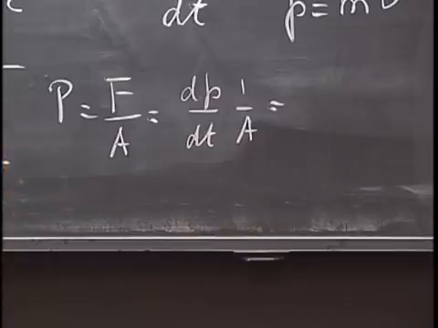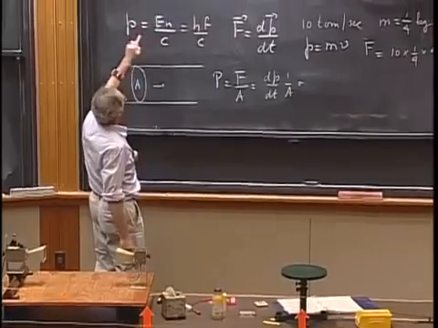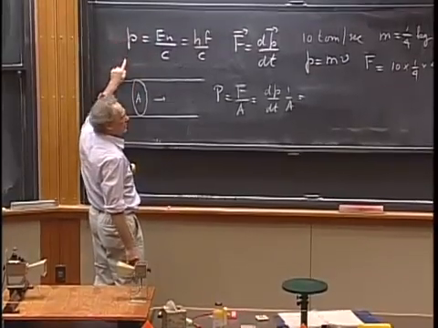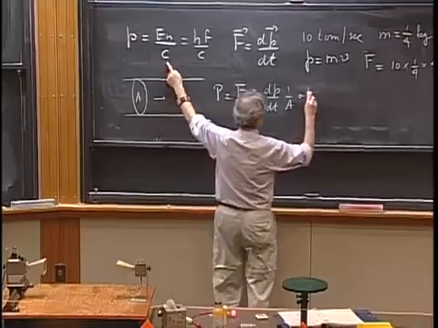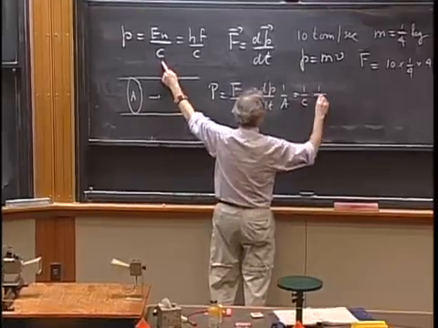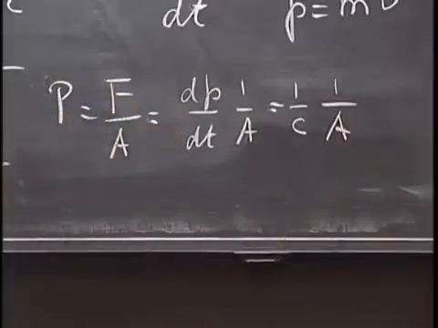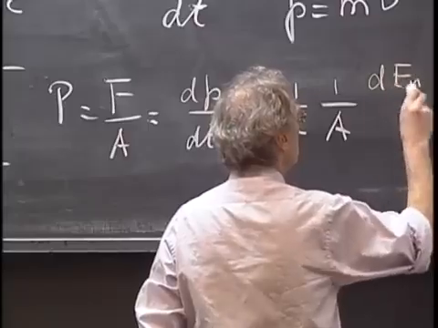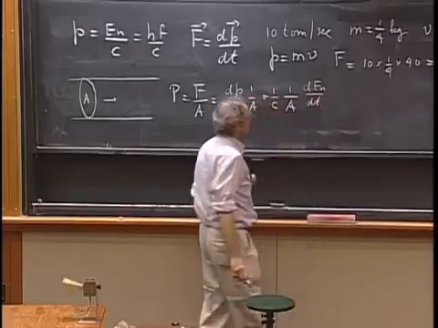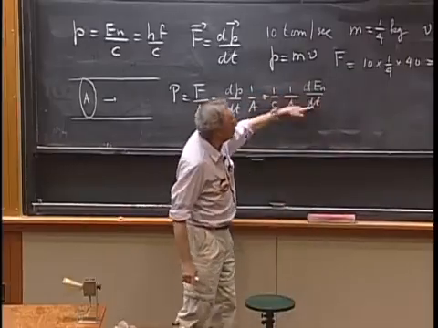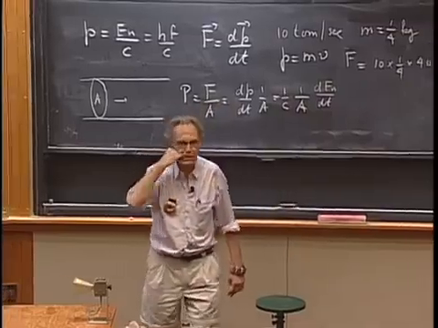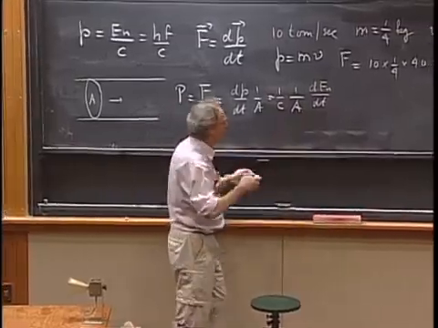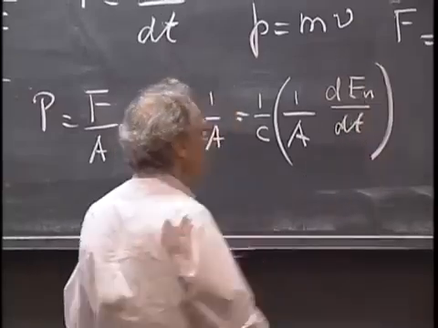But if p is the energy divided by c, I take dp/dt, so I get 1/c, then I get my 1/A, and then I get dE/dt, E being the energy now. This is joules per second. How many joules per second hit me? That's what that means. And this is the area of the cross-sectional beam.